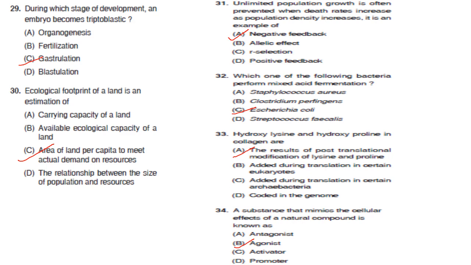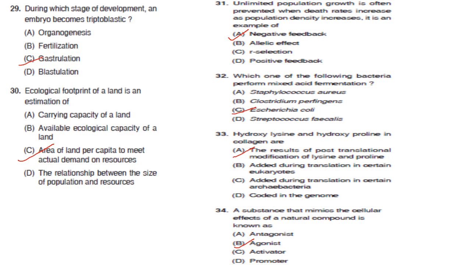Answer is option C. Then unlimited population growth is often prevented when death rate increases as population density increases. It is an example of... If you see a positive feedback loop, an increase in the population leads to more births, which increases the population even more.